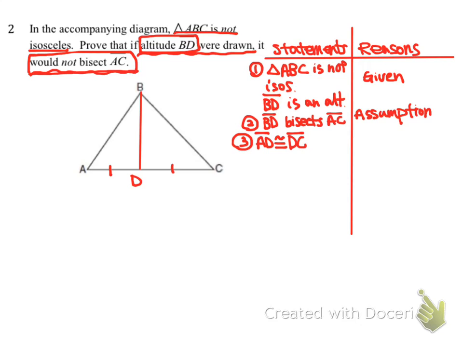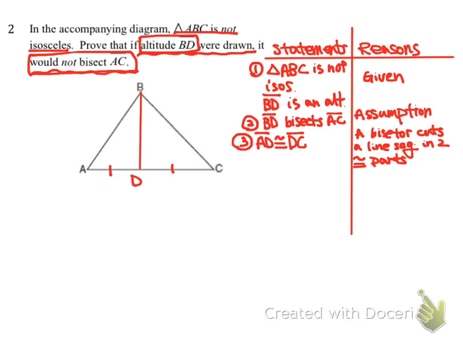Why? A bisector cuts a line segment in two congruent parts.